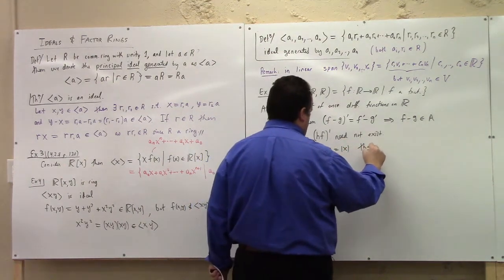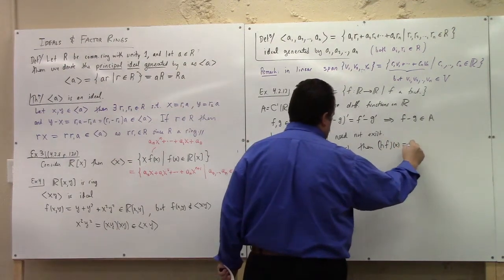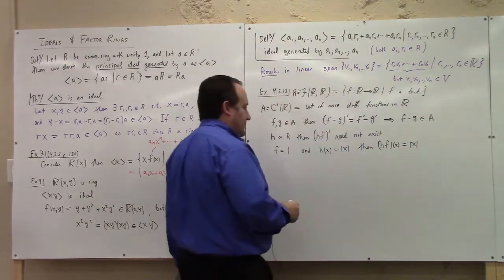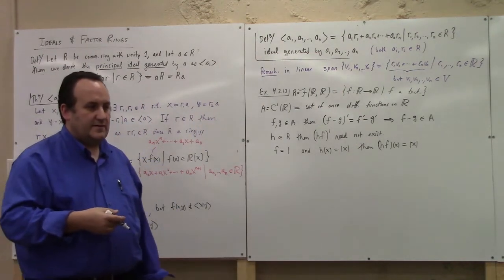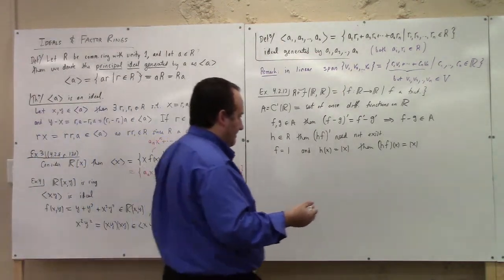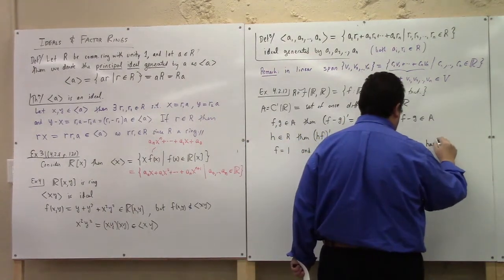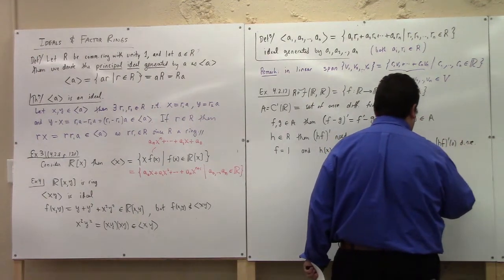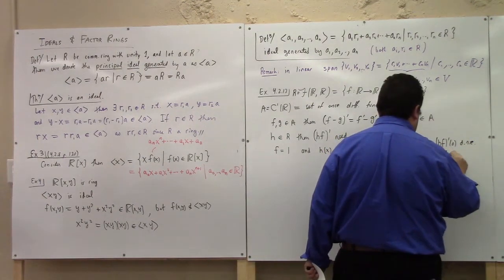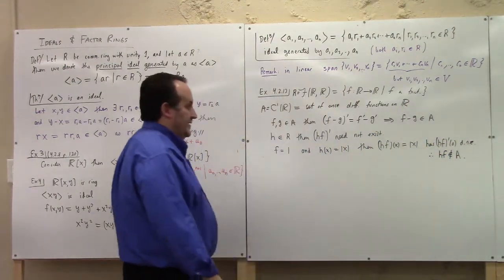Then HF of x equals absolute value of x, right? And the derivative does not exist at 0. So therefore, HF is not an element of A, and so we fail ideal closure, right?